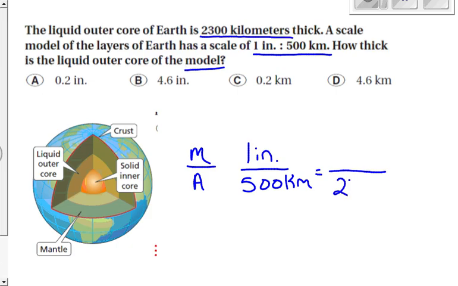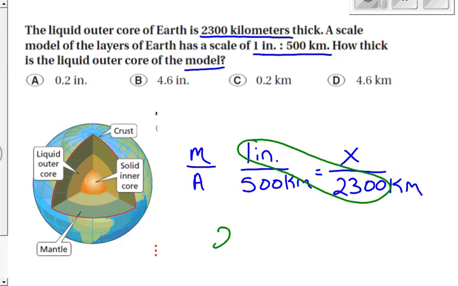That's what it really is, 2,300 kilometers. So we want to know what our model is. So now we are going to cross multiply again, except this time we're going to multiply 1 times 2,300, which we know is 2,300. Then we're going to divide that by 500. Well, they both have 2 zeros in it, so I'm going to cross that off, make it easier.